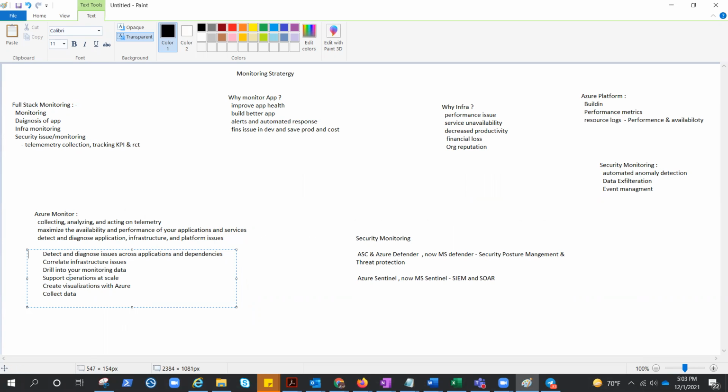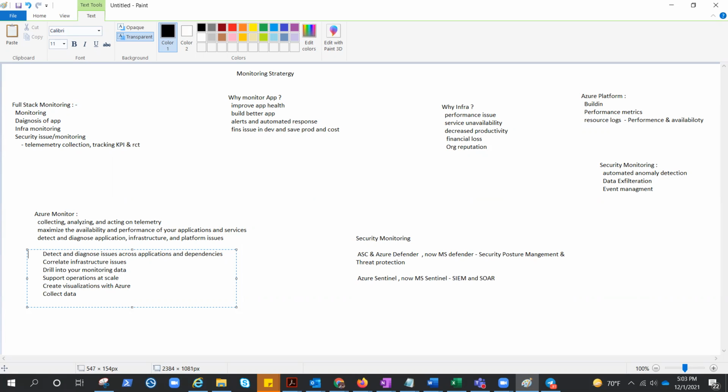It supports operations at scale with smart alerts and automated actions. For example, CPU rises to 70%, so let's increase the VM count by 1 or maybe 2. It will help you create visualizations with Azure dashboards and workbooks, and collect data, which is the base of all the monitoring, from monitored resources using Azure Monitor metrics.